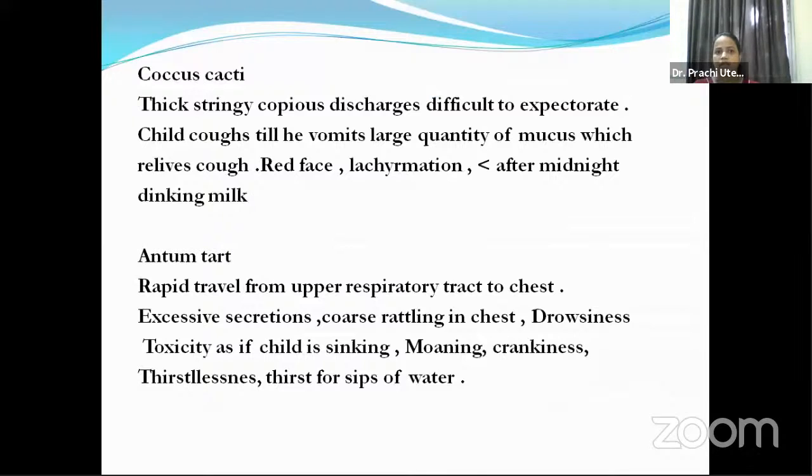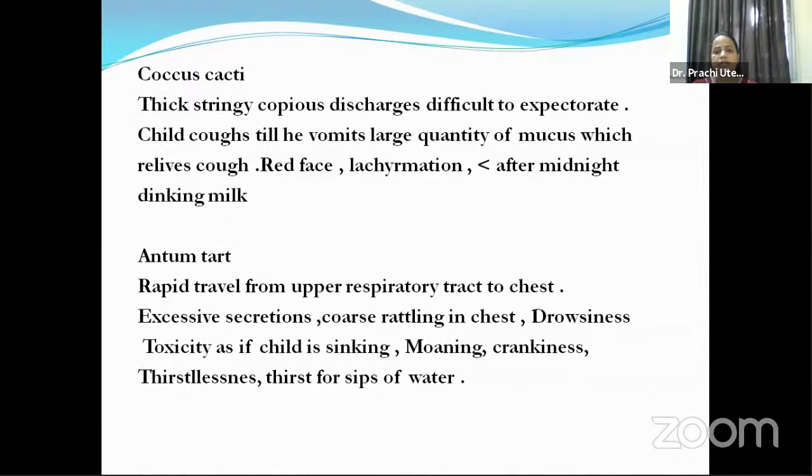This is the presentation: the child coughs and still vomits a large quantity of mucus, and usually aggravation is after midnight and on drinking milk. Antimonium tart is a remedy coming a little later, when the child is becoming drowsy or toxic, or when there is rapid travel from the upper respiratory tract to the chest.